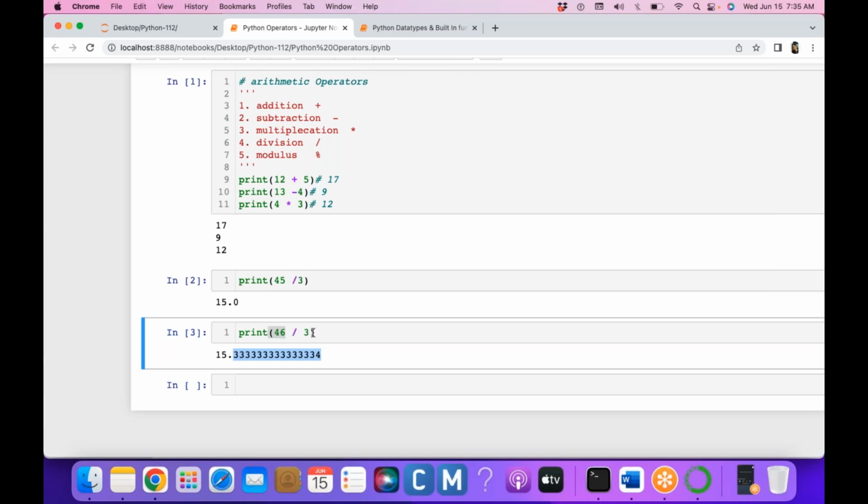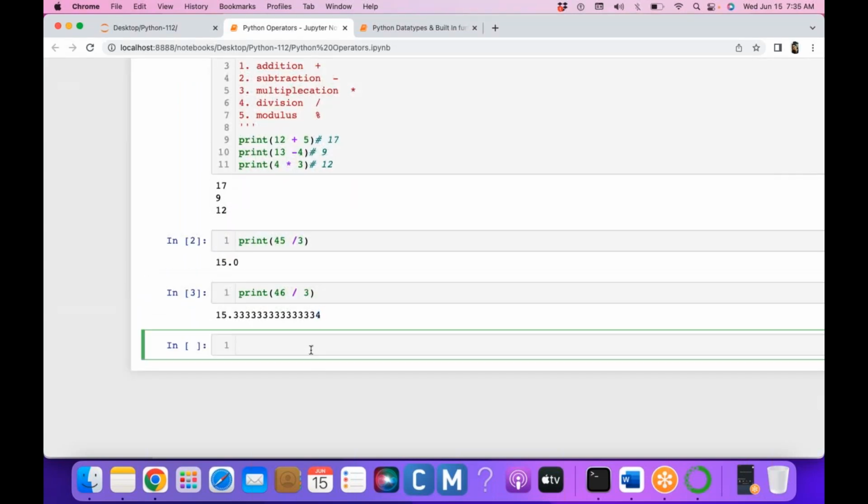After 15 into 3 is 45, 1 is left, and 3 does not divide 1, so we put a decimal point and add a 0, and it keeps going on, because the remainder of 1 never ends, so after some digits we cut it off.